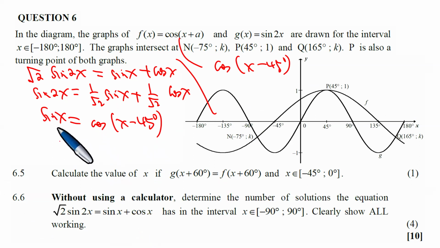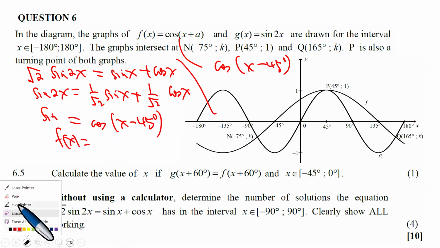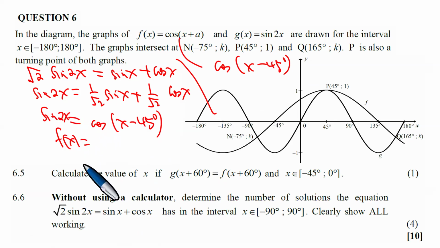So now, therefore, we're looking for solutions where g of x, because this is sine 2x, it's not just sine x, is equal to f of x.